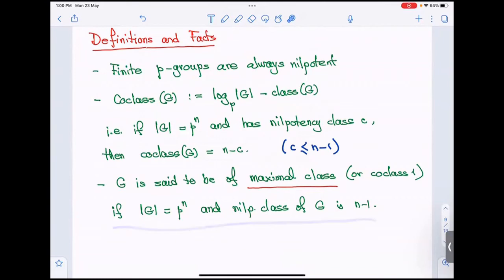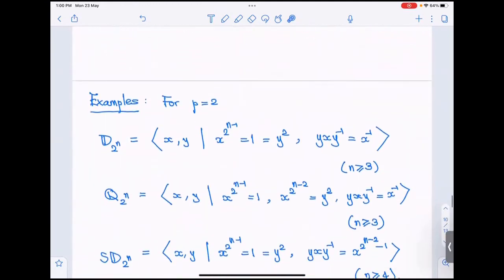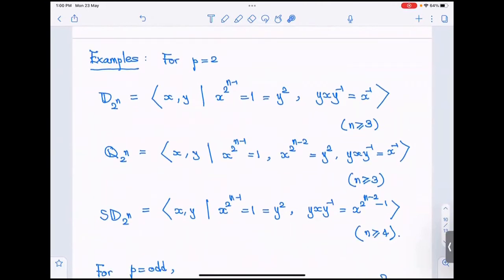And these groups are quite a few. For example, for p equal to 2, there are three groups: the first one is called the generalized dihedral group, then the generalized quaternion, and the third one is semi-dihedral.